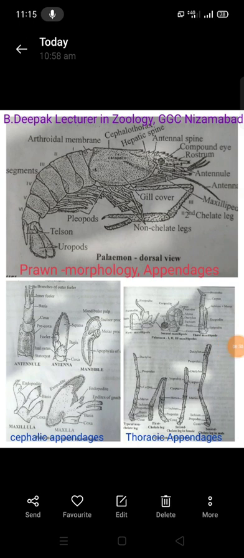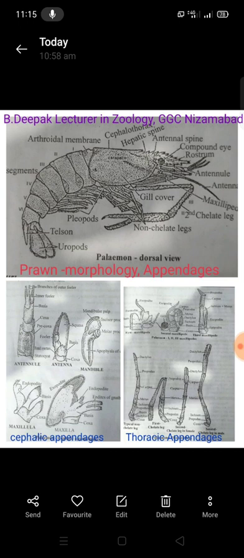Now come to the exoskeleton. The body and the appendages are covered by a hard and chitinous cuticle, which forms the exoskeleton. This protects the body.